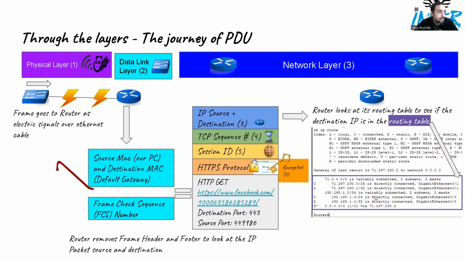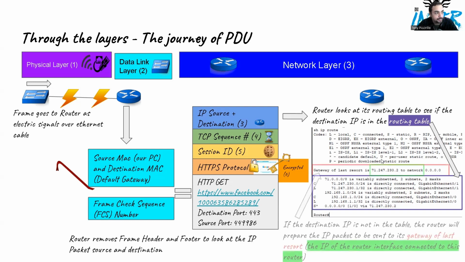Since the destination IP is not in the routing table, the router is going to send its data to the gateway of last resort, for data traffic that is headed for an IP address not known by the router. So gateway of last resort right here, this is where it's going to send any packets where it just doesn't know the destination, because it's not in the routing table.